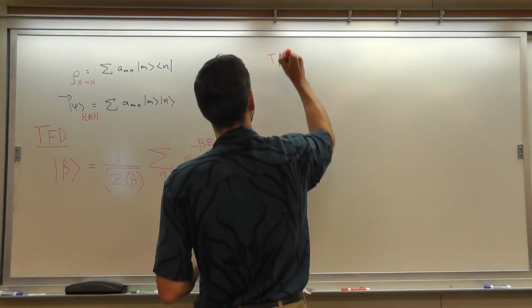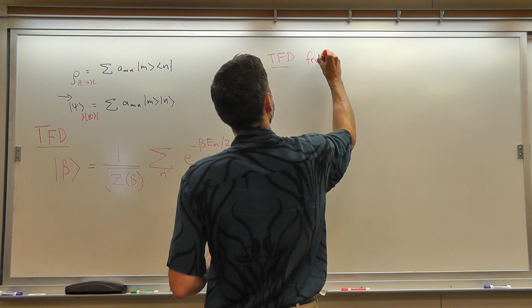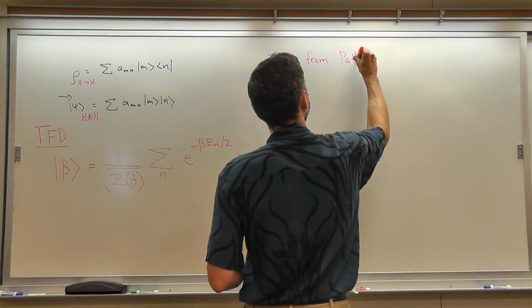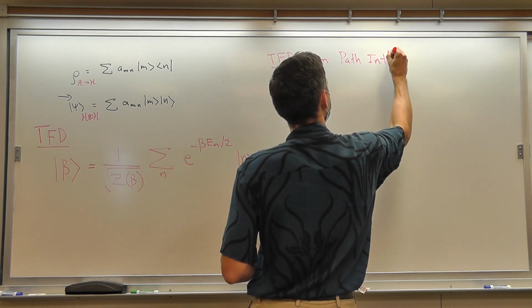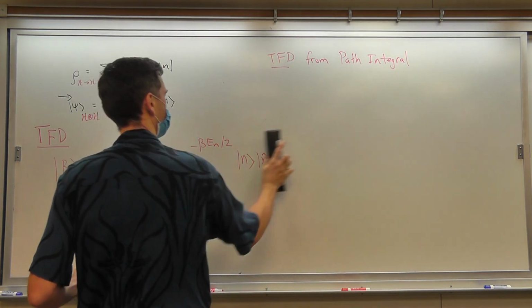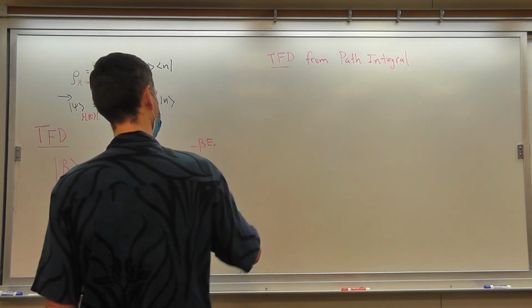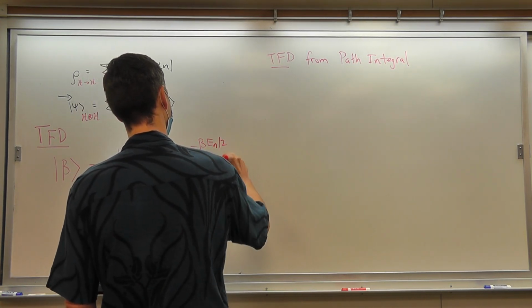So the next thing we want to do is get the thermofield double from the path integral. Okay, I just erased it. Let's write that again.